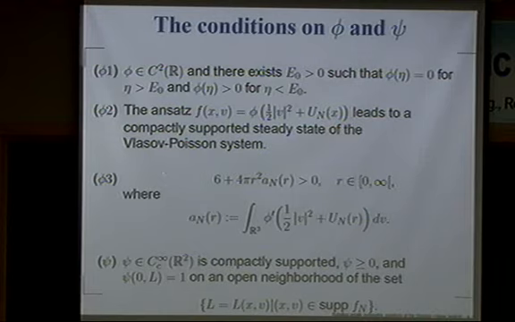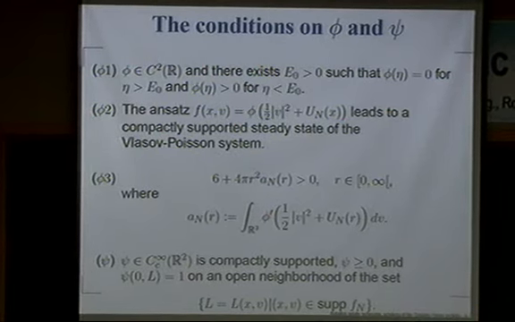The most important condition is phi 3 here. It says that we require this to hold, where this n stands always for the Newtonian situation. But this is an integral where you take the derivative of phi and you evaluate this integral, and then this should hold.